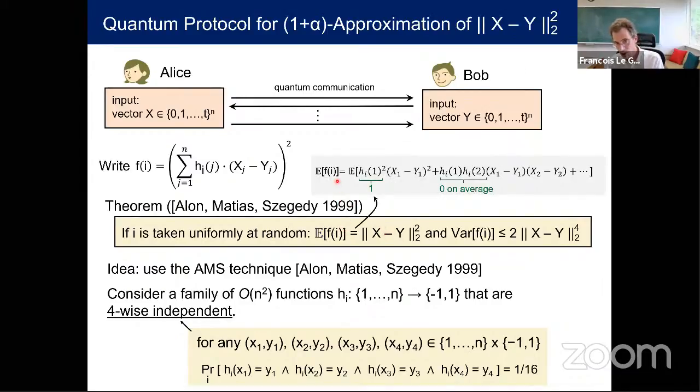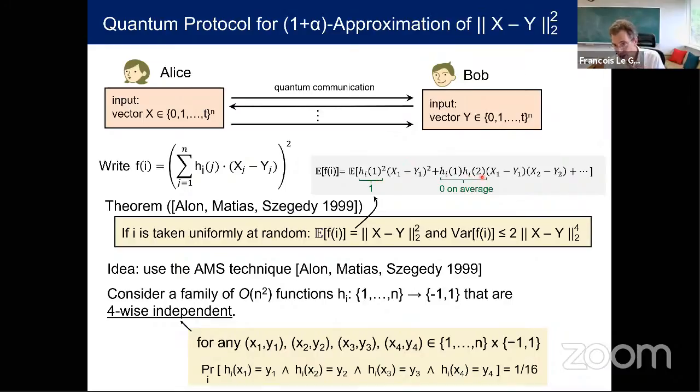If you compute the expectation of this value, you expand the product and get terms like that. For example, for the first term, (x1 minus y1) squared, you get h_i1 squared, which is 1, because h_i1 is either 1 or minus 1. In both cases, the square is equal to 1.